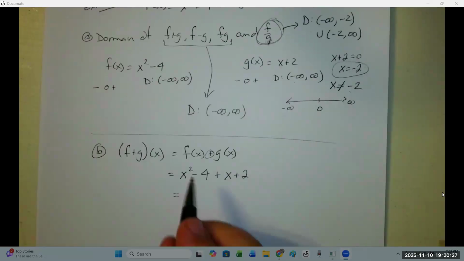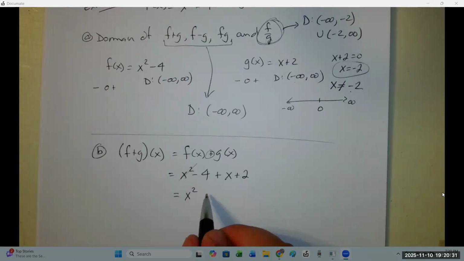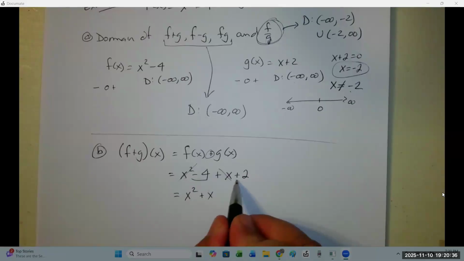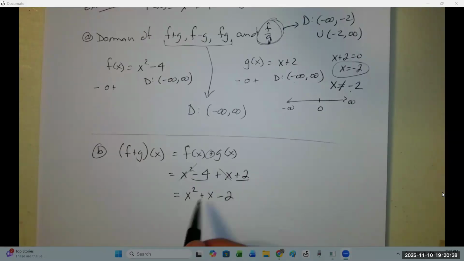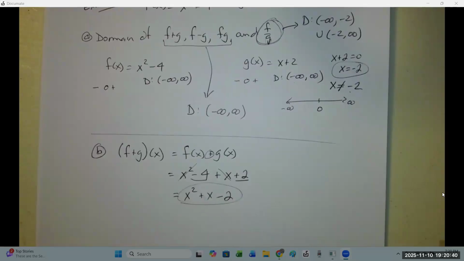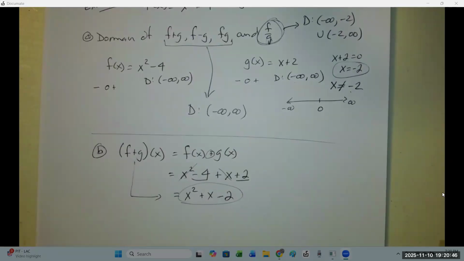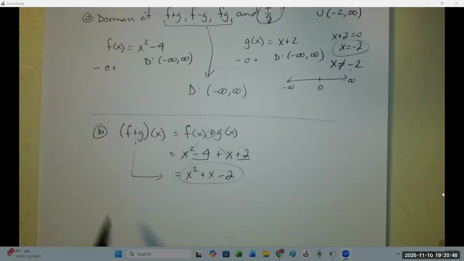Combine like terms. There's x squared, there's an x, and negative 4 plus 2 is negative 2. So there's that equation. That is the function. I added the two together.